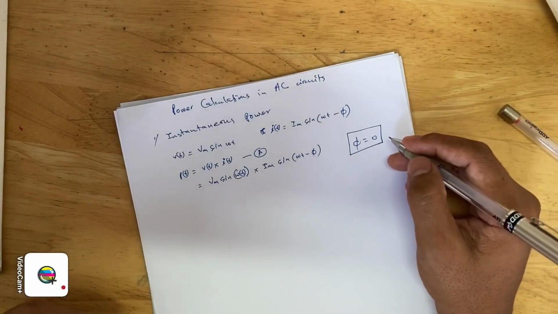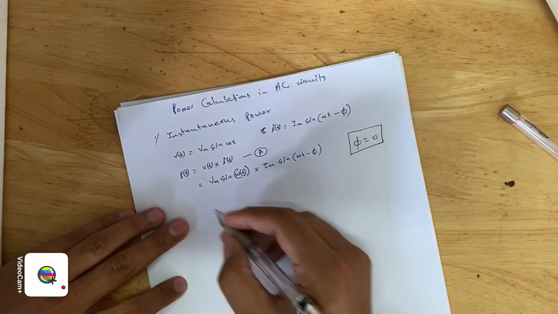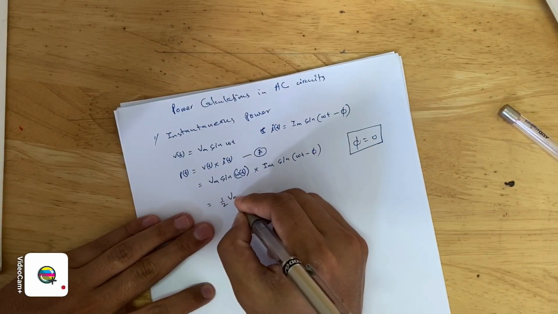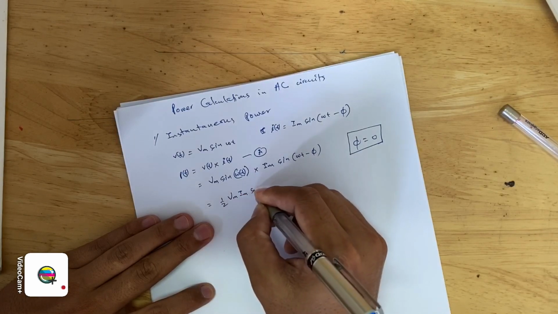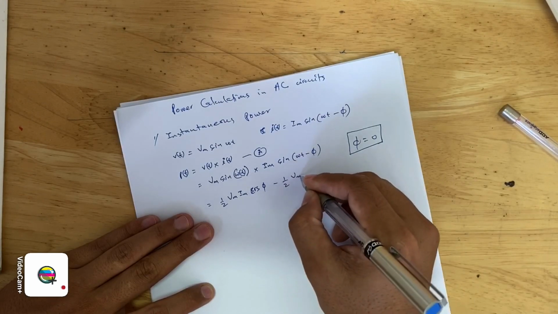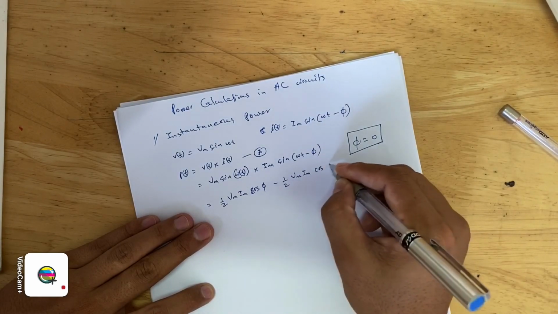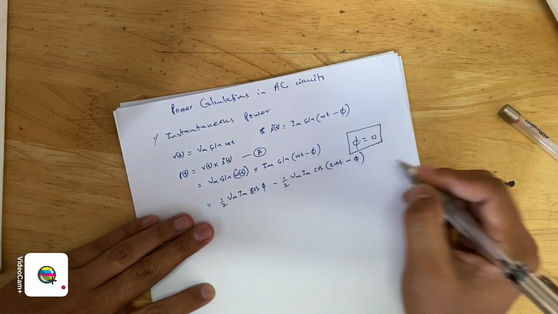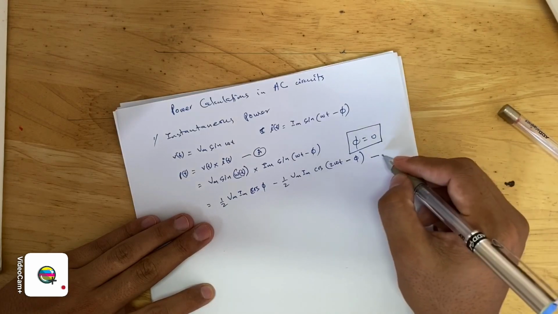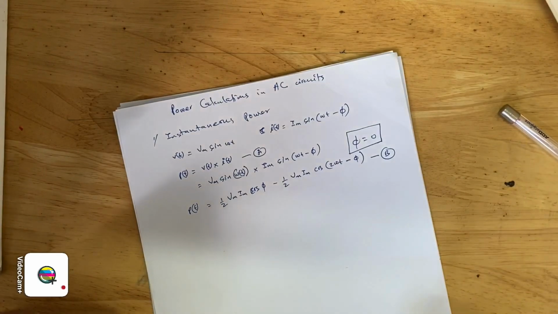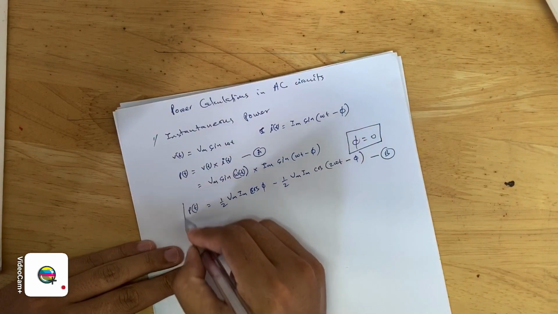If we multiply and simplify this, we get the final value: half of Vm Im cos phi minus 1 by 2 Vm Im cos of 2 omega t minus phi. Let's name this equation B. Now we have the instantaneous power equation.